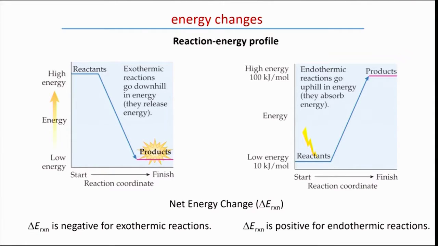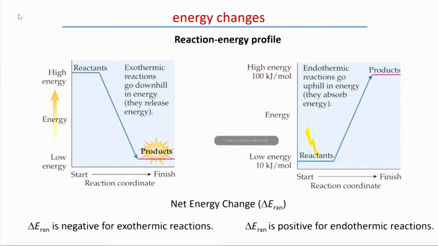Moving the slide over, let's look at these energy profiles and how this looks. In the energy profile, there is a reaction coordinate on the x-axis. This is basically saying you start here and you finish here. If we start at the reactants, we finish at the products. And over here we have energy, high in energy up top, lower in energy at the bottom.